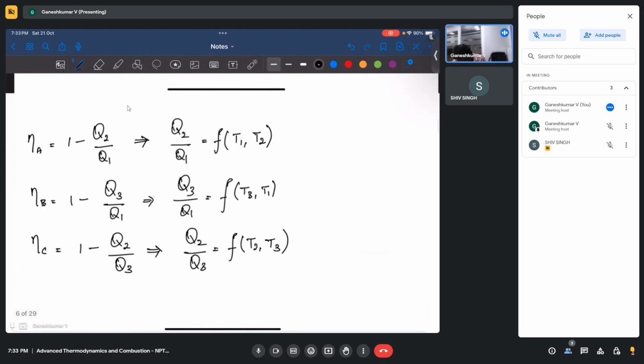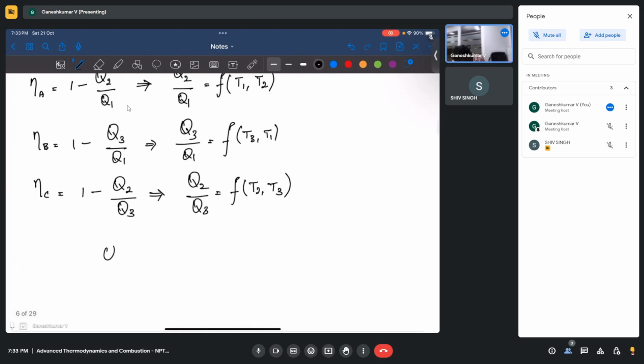Now, if I want to write Q2 by Q3, you can write it as Q3 by Q1 times Q2 by Q3, the multiplication of these two.